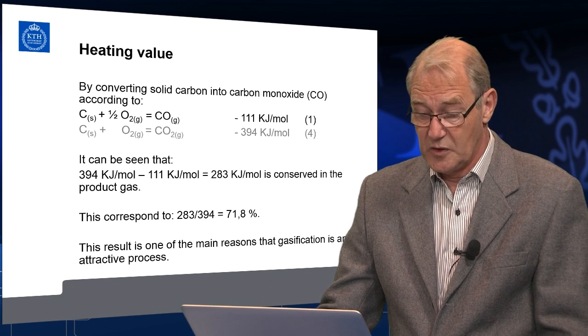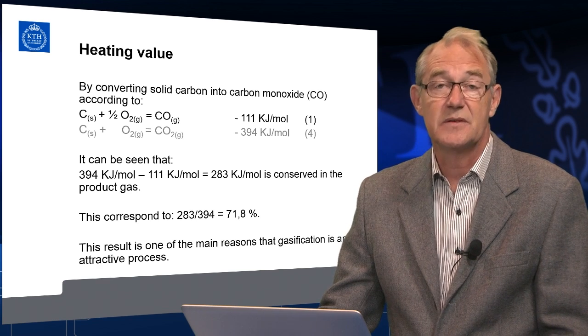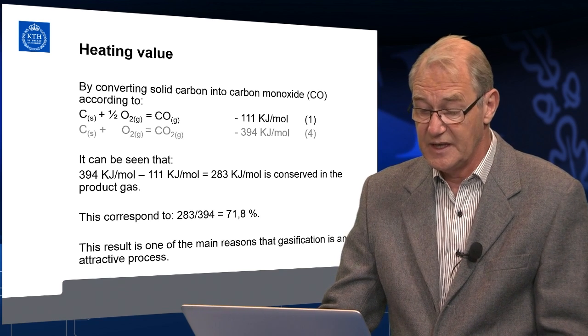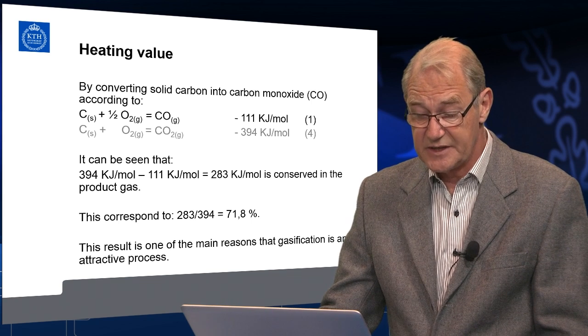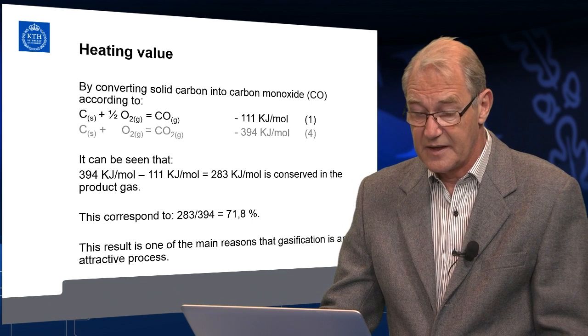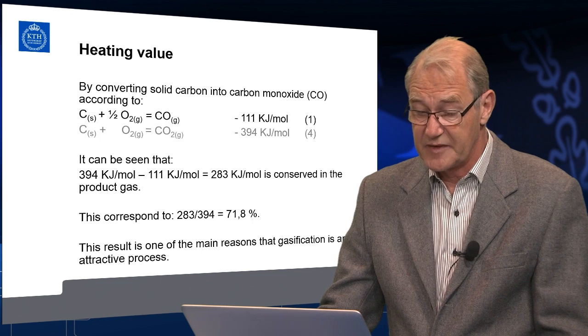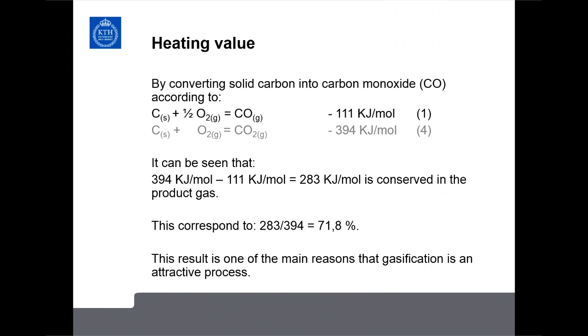And this corresponds to almost 72% of the chemical energy in carbon that is preserved in the product gas. And this is one of the main reasons that gasification is an attractive process.